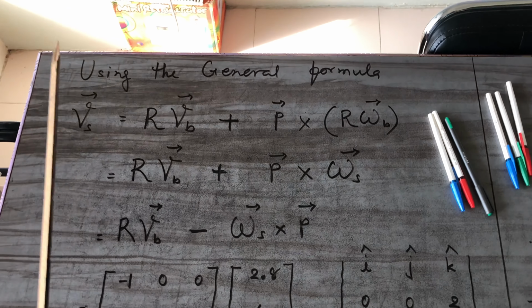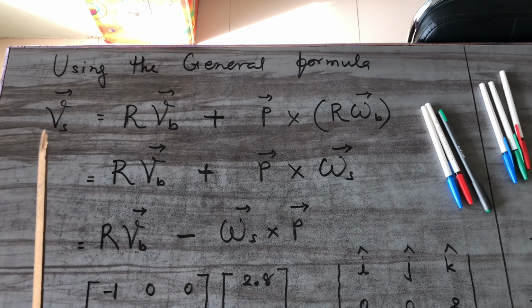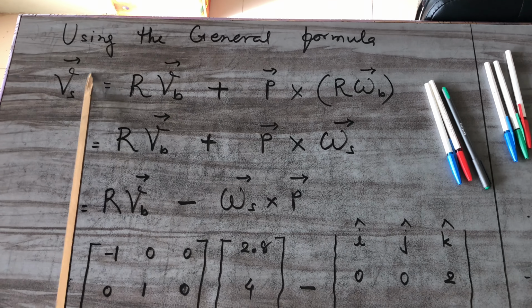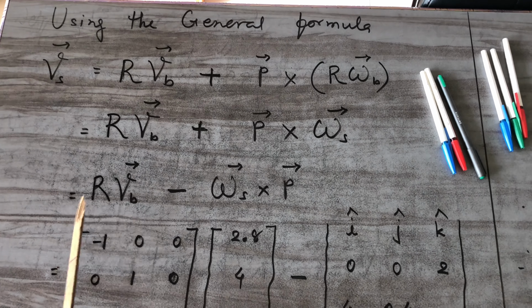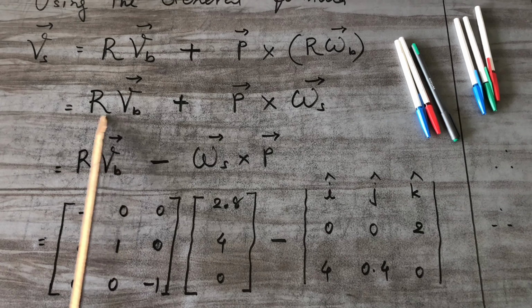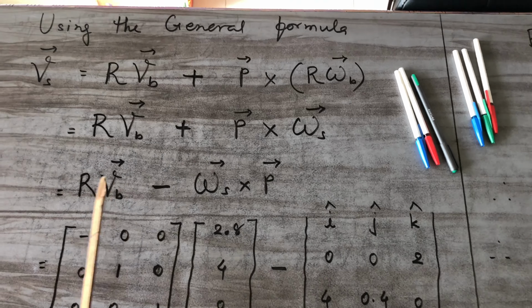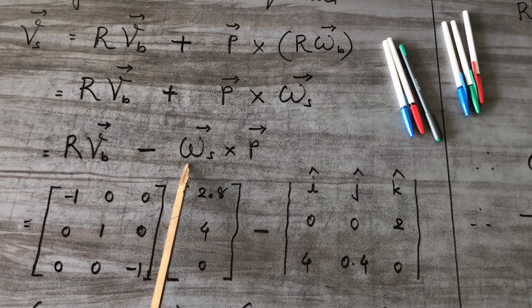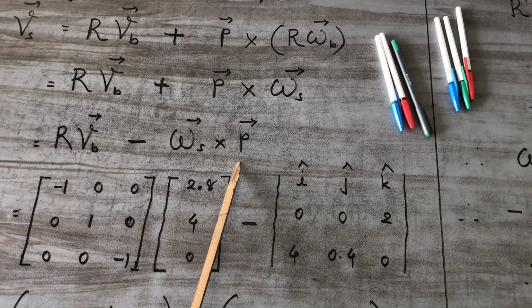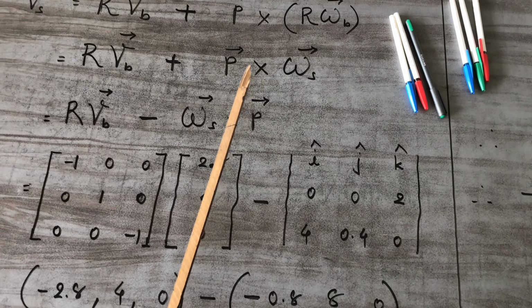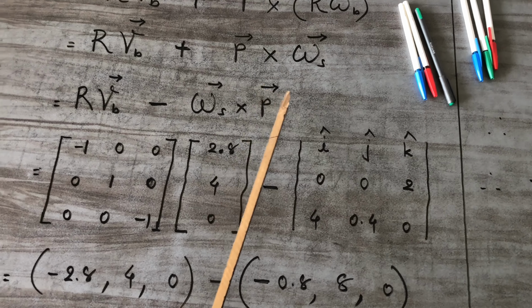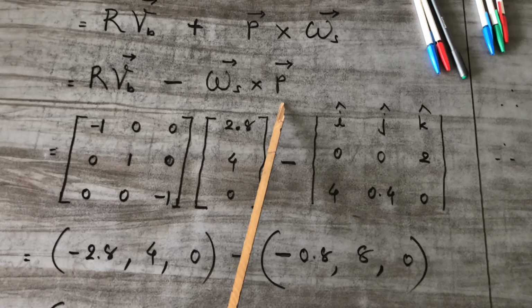Now here, using the general formula, velocity of the body's origin in S frame is RVB, linear velocity of body frame expressed in S frame, minus omega s cross p. That is apparently the linear velocity due to rotation.